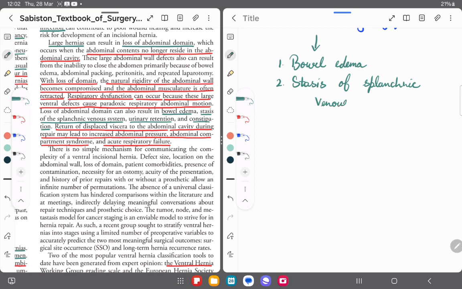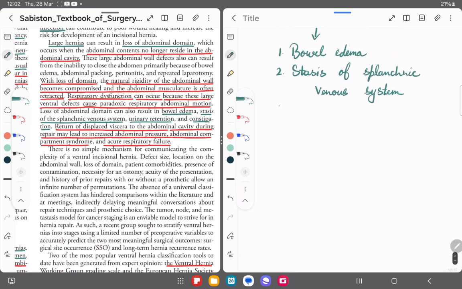Then it can cause urinary retention and constipation.